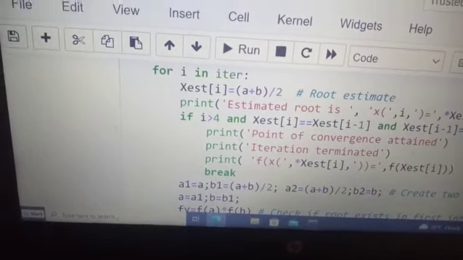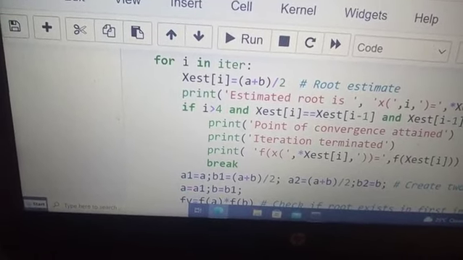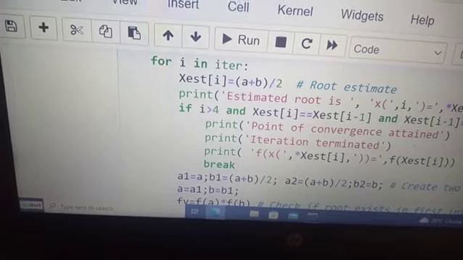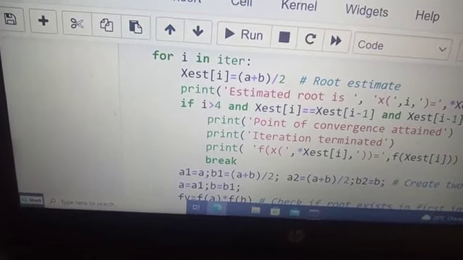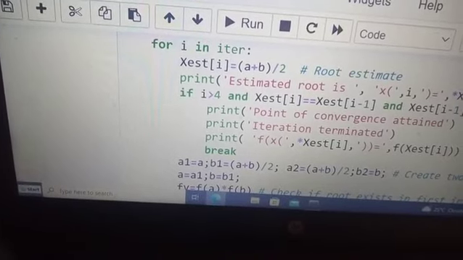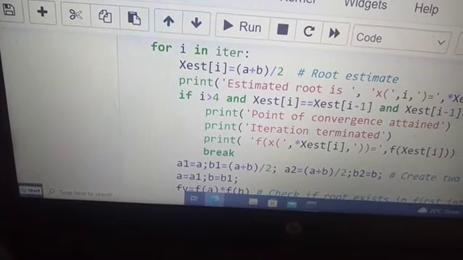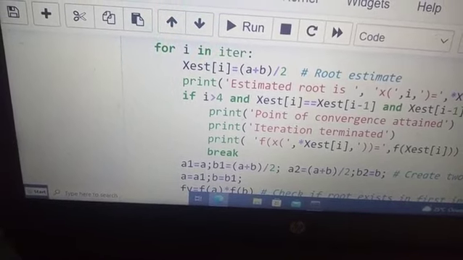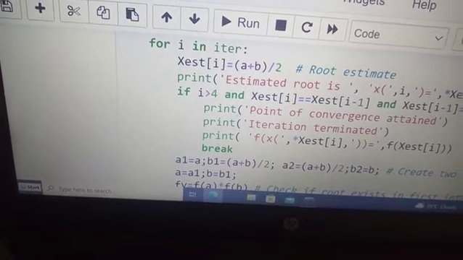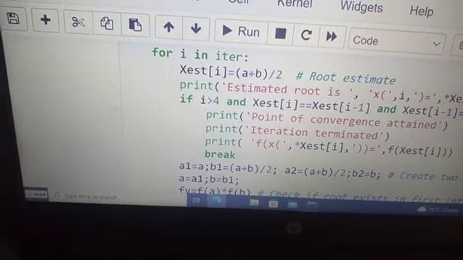Then when 3 of the estimates are consecutively the same, a point of convergence has been attained and we can terminate the iteration. Then we use the last point as our solution.